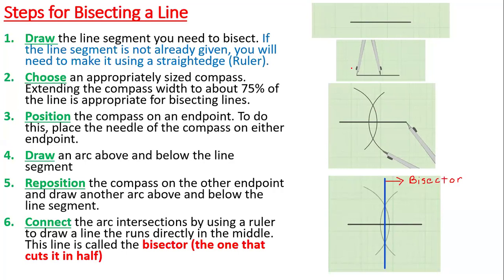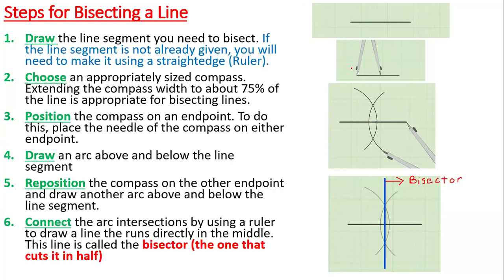If the line segment is not already given, you will need to make it using a straight edge ruler. Number 2, choose an appropriately sized compass, extending the compass width to about 75% of the line is appropriate for bisecting lines. Number 3, position the compass on an endpoint. To do this, place the needle of the compass on either endpoint.